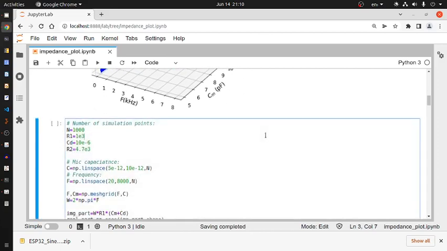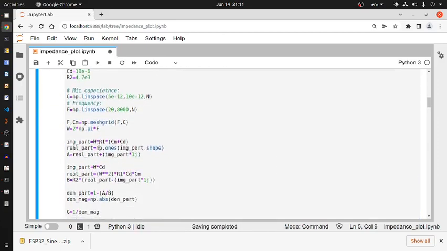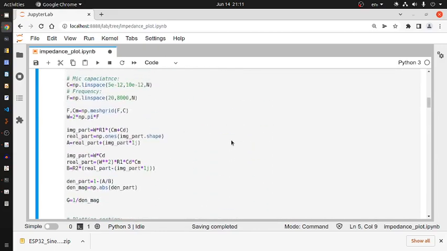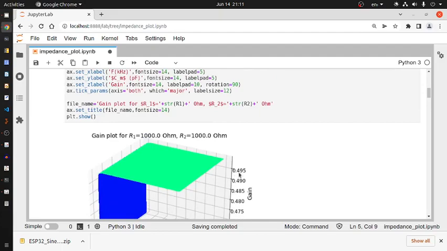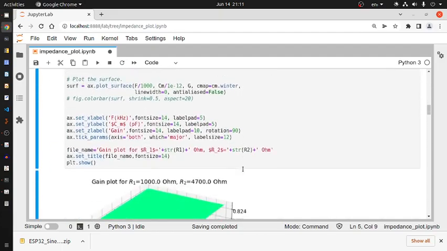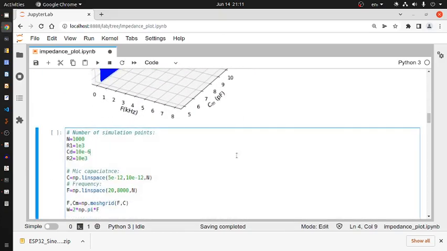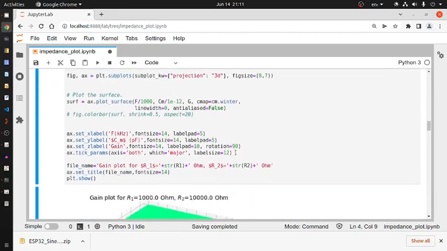Now if we change to a different combination, R1 equals 1 kilohm, R2 equals 4.7 kilohm, let me run this code, we will have a different amount of gain, correct? So this is around 0.495. Now the gain is slightly enhanced, that is the output voltage is enhanced. In this way we can simulate different combinations and make our choice.